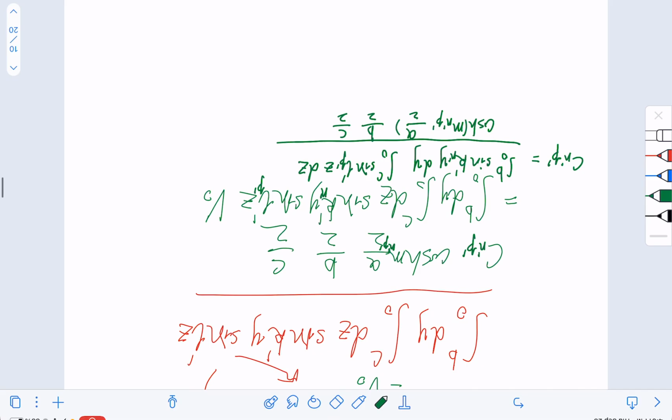Now this can be written out as 16V naught N prime P prime I square over cos and N prime P prime A over 2.